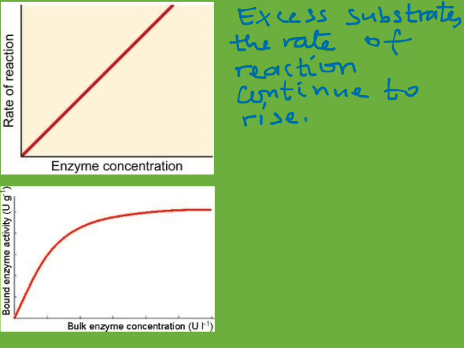Now, let's go to the first graph, which has a straight line increasing upward. In this case of this first graph, there is excess substrate.